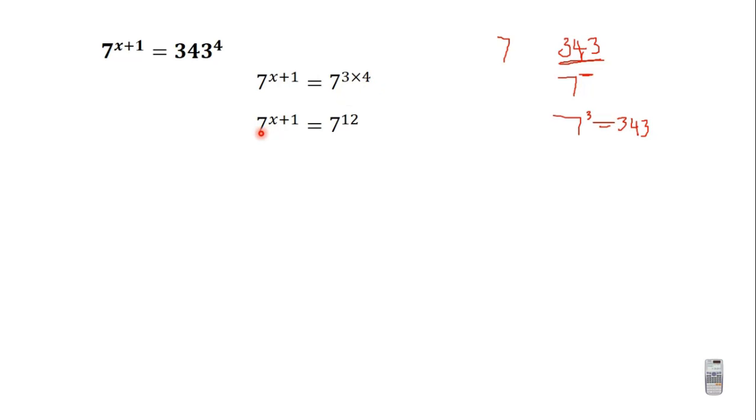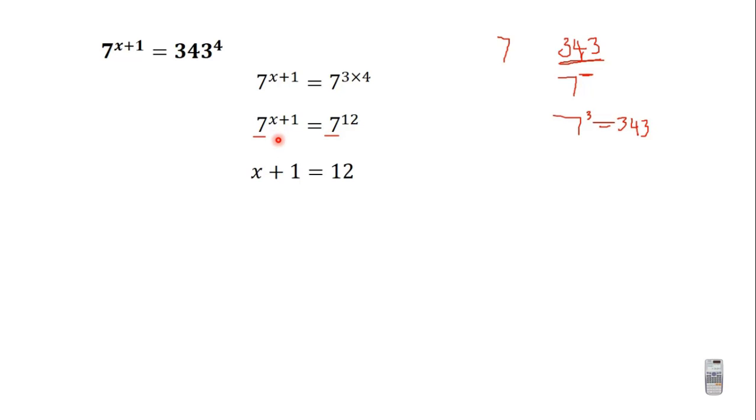And this will give us 7 exponent x plus 1 is equal to 7 exponent 3 times 4, which will give us 12. So you see from here that we now have the base on the left-hand side as 7 and the base on the right-hand side as 7. So we can now equate the exponents. Since the bases are equal, we can equate the exponents.